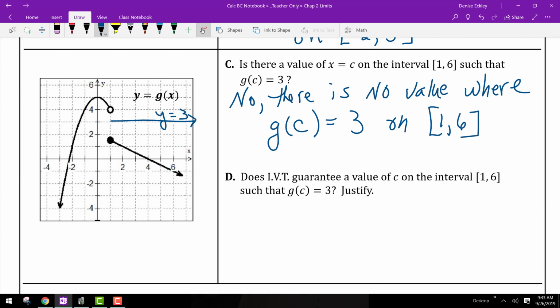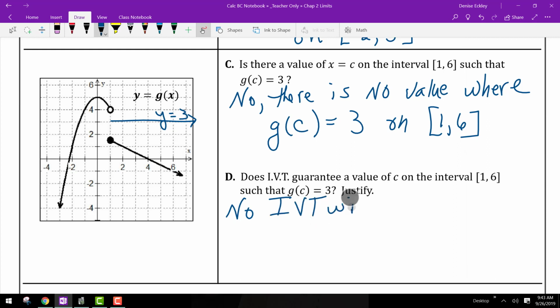Okay, does the IVT guarantee a value of c on the interval 1 to 6 such that g of c equals 3? And again, no, it does not. And here's why. It's a little different because that does look continuous there.